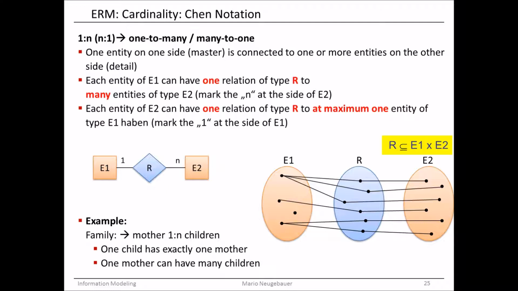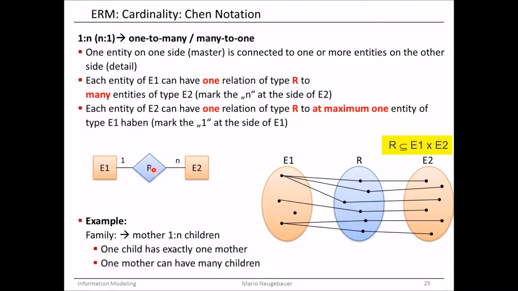For the direction from left to right, we said that we have many connections which are possible to other elements here, and this many is expressed with this n. So we say take out an element from E1 and watch the relationship.